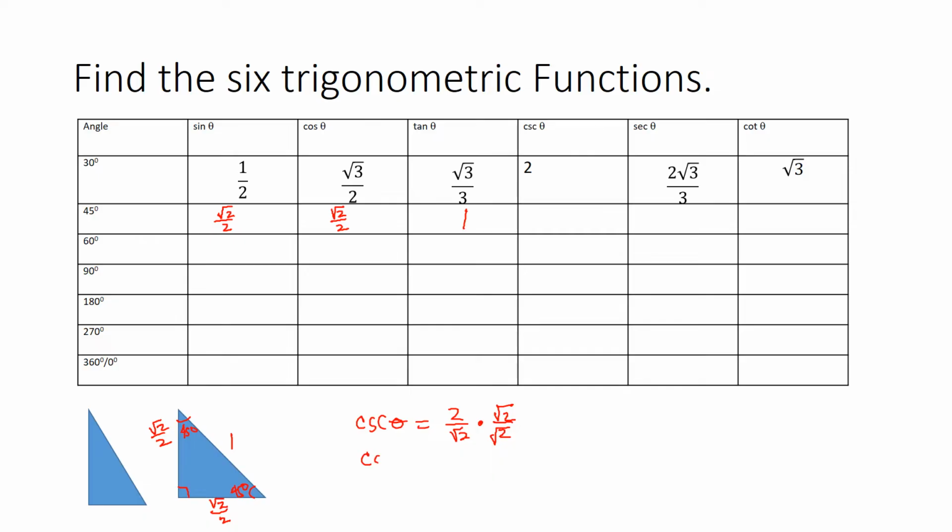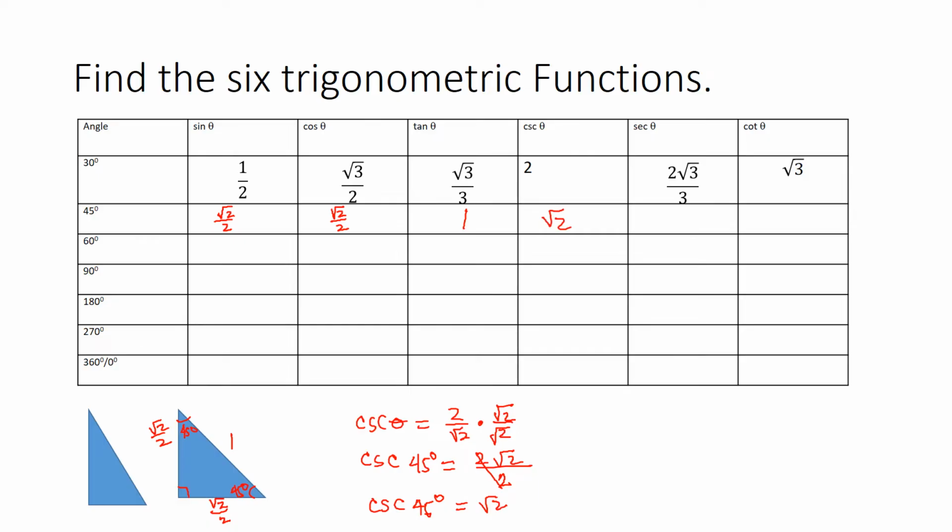Our cosecant at 45 degrees will be equal to 2 square root of 2 over square root of 4, or simply 2, and then we cancel that one out. So we are left with cosecant 45 degrees equal to square root of 2.